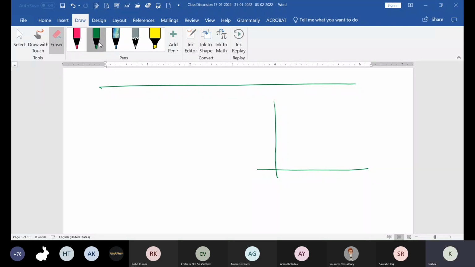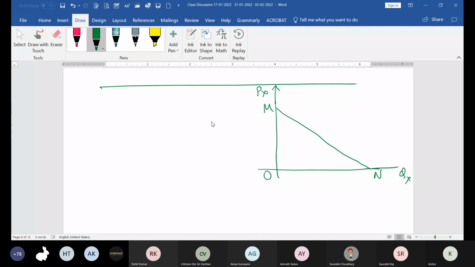Let's see it in this way. Suppose MN is the demand line, with Q or QX on this side and PX as usual.